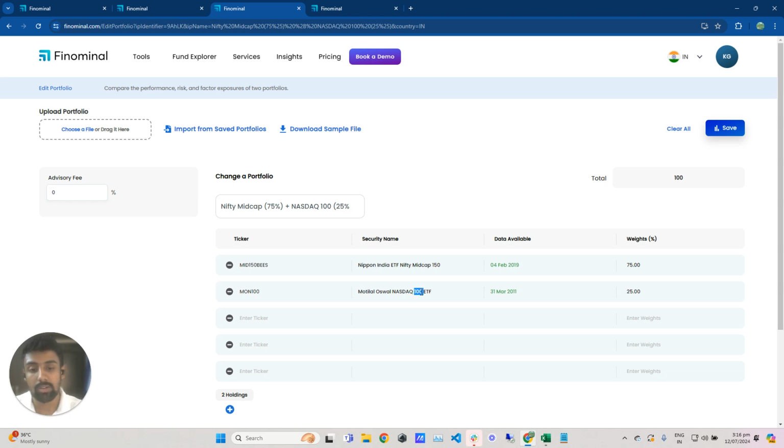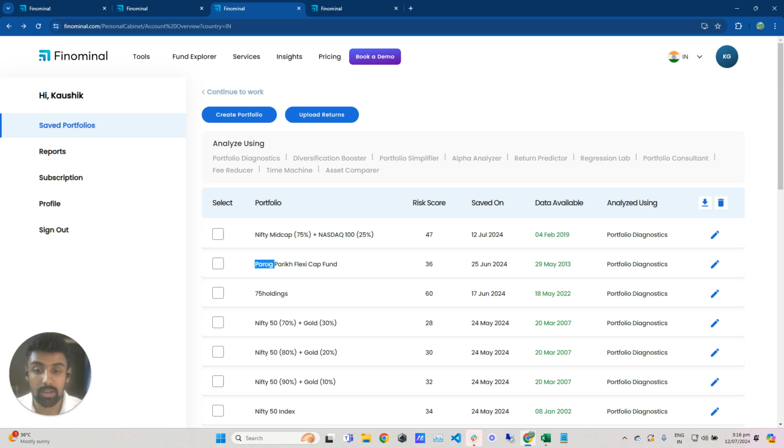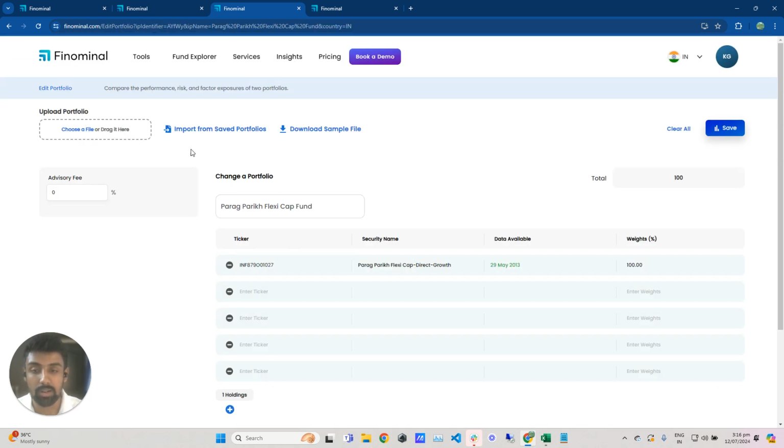It tracks the top 100 stocks in the US, with a lot of stocks like Apple, Microsoft, all these famous US companies. I've allocated 25% to it. And I've also created the Parag Parikh fund as a portfolio, so you just have one fund here.